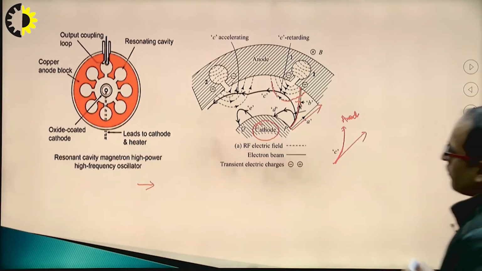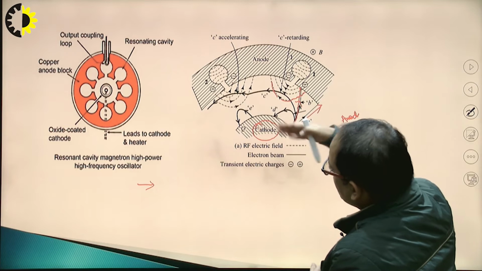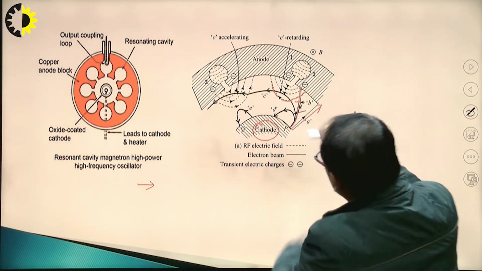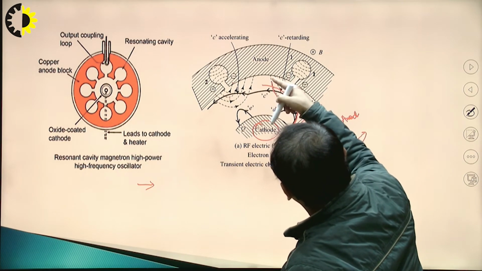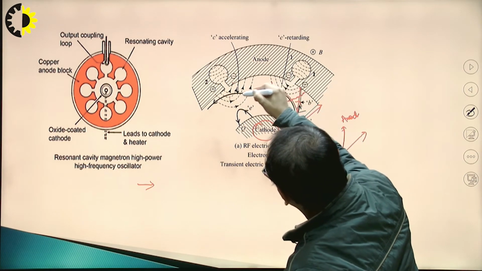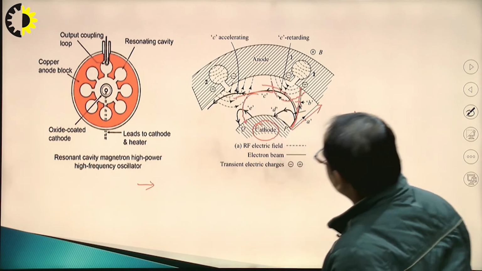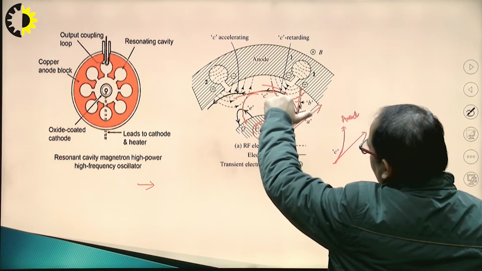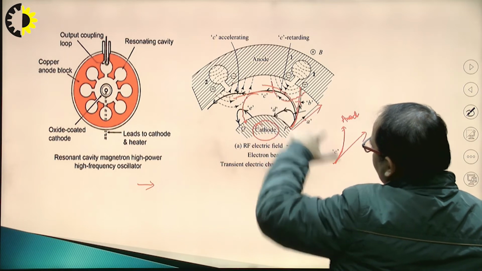Meaning when I am providing enough magnetic field, this electron path will not reach towards the anode, it will return towards this side. Clear? But it will also interact with the RF field, the electric field of this one, meaning this is the RF field. Clear?